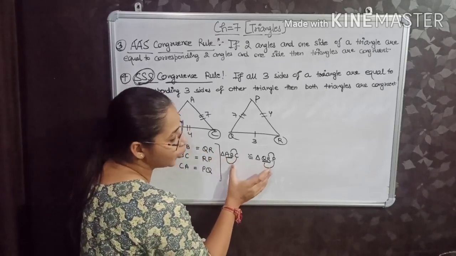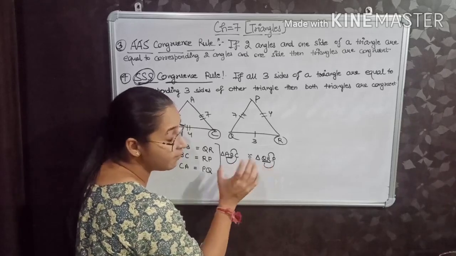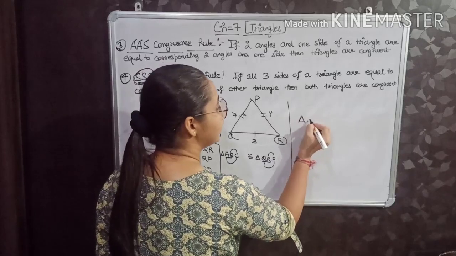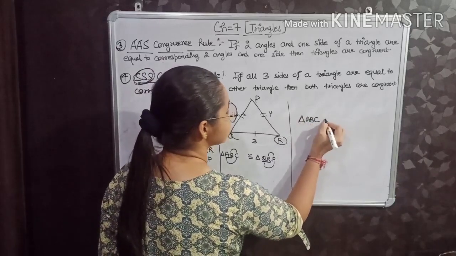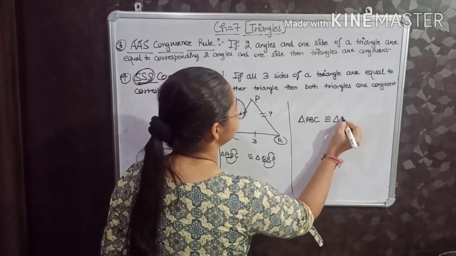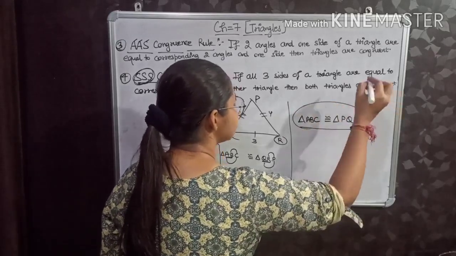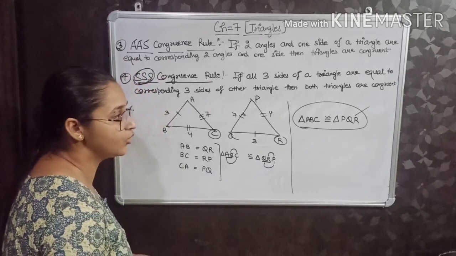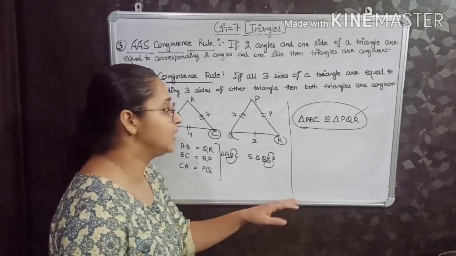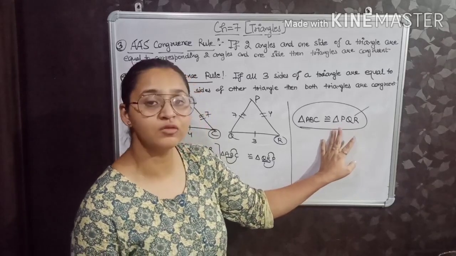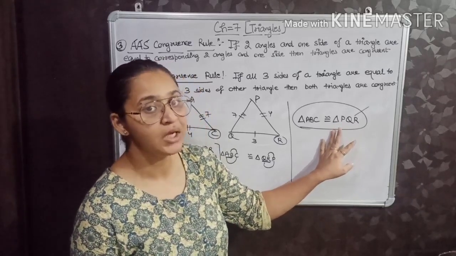The important point to note here is only the naming of the triangle. You cannot write triangle ABC is congruent to triangle PQR. Why? If I write triangle ABC is congruent to triangle PQR, it means if I have two triangles that are congruent, then all of the 6 corresponding parts will be equal.